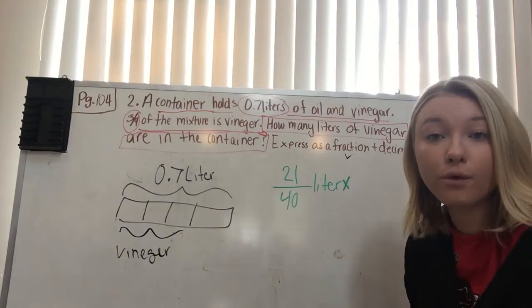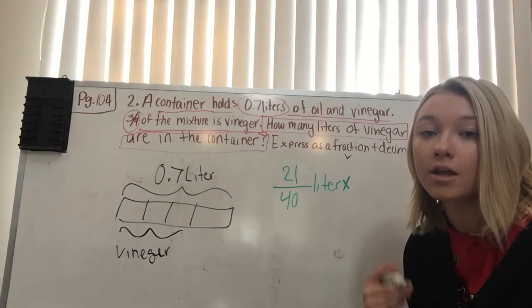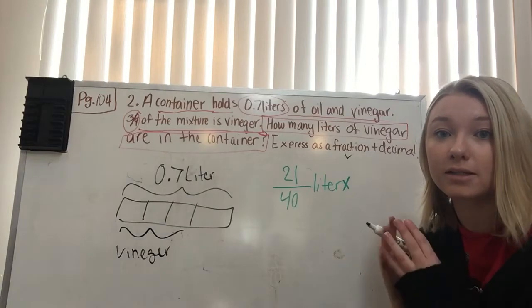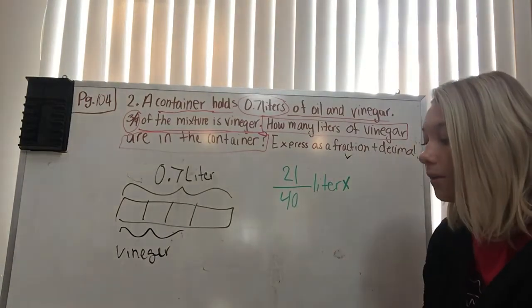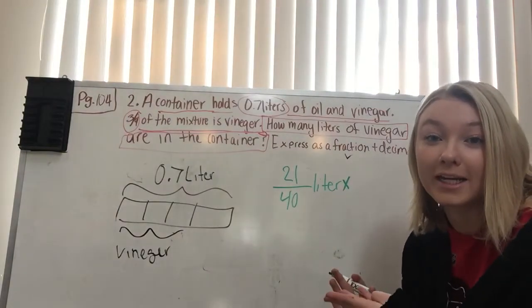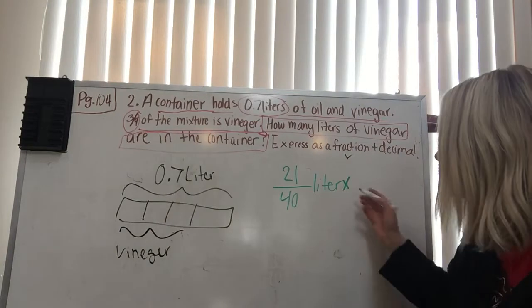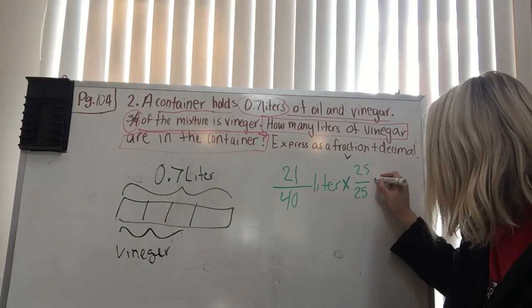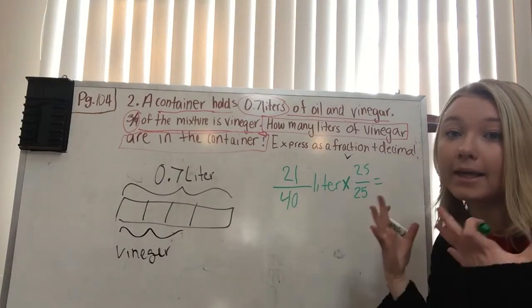If it was a 4, I'd multiply it by 25 because that would be easy for me to get to 100, right? Because 4 quarters, 25 cents, is $1. Or however Miss Pletty was explaining it to you in the last video. So I'm going to multiply it by 25/25ths.